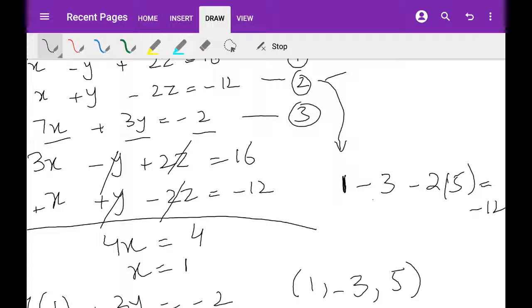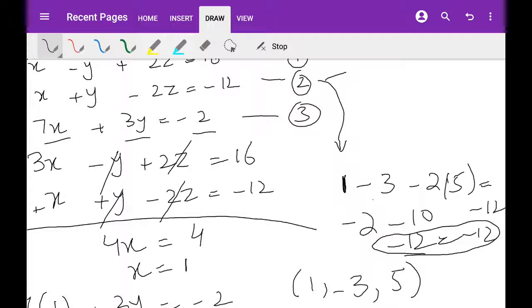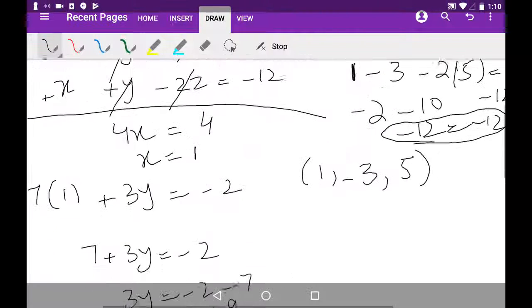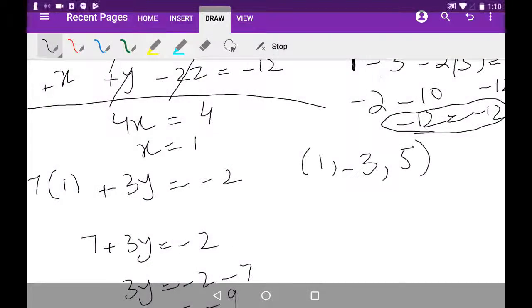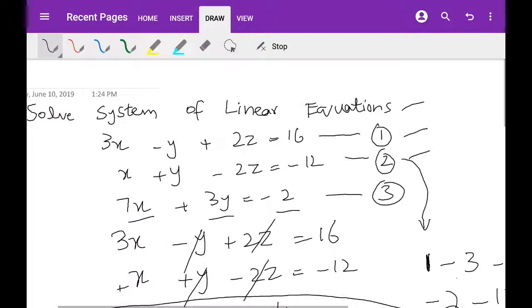So 1 minus 3 is negative 2, and minus 10, minus 12 is equals to minus 12. So that essentially is a verification step that the left hand side is indeed equal to the right hand side. So that is it for this type of problem.